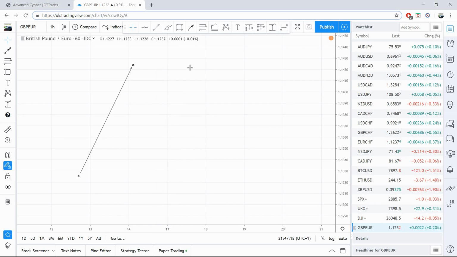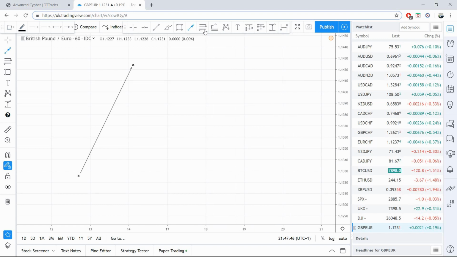This will obviously determine the D point of the pattern, so the completion point of that pattern, which if we're looking for a reversal, this initial swing will determine the direction of that reversal. The reversal is usually in the direction of that X to A swing. So in this case, the X to A swing is bullish, so we're looking for a bullish reversal at the completion point.